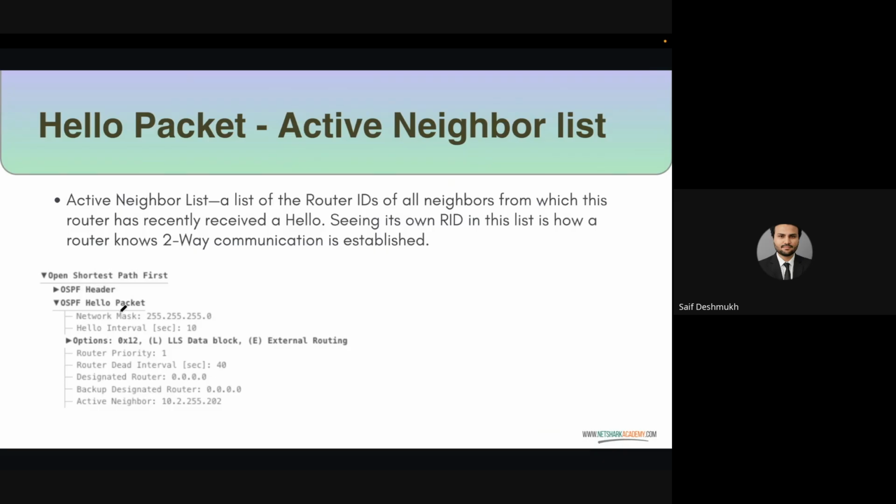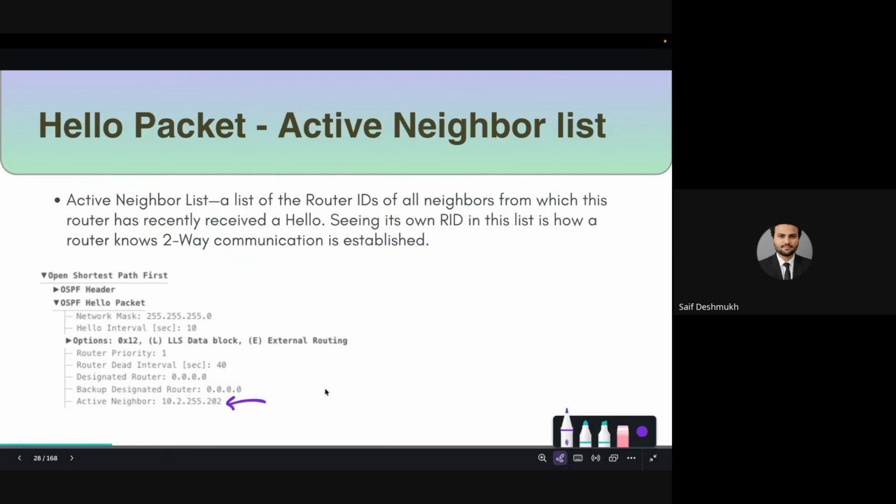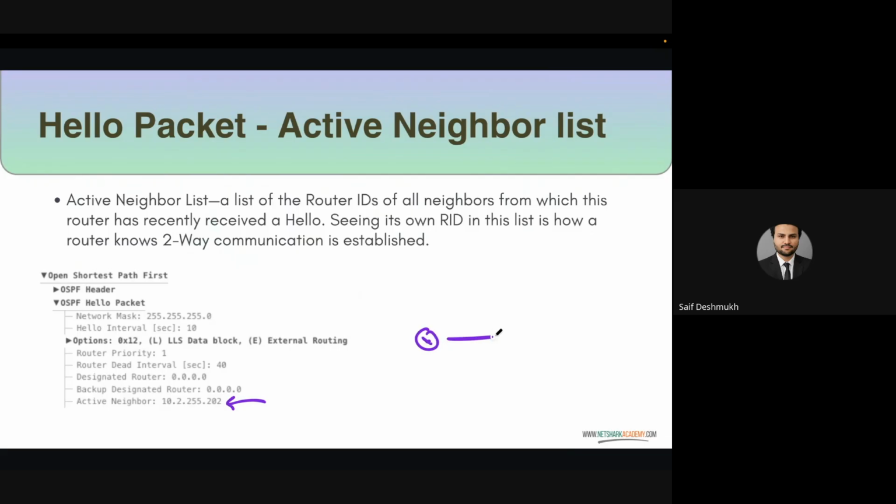So we already understood why we need the active neighbor list, right? It's a list of the neighbors which we have received hello from. Maybe this link is connected to a switch, and maybe we have multiple routers in there. This sender router has received these multiple hellos.